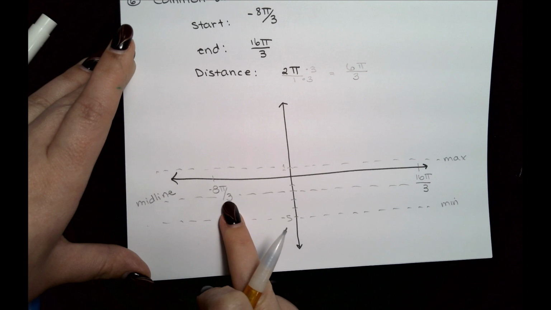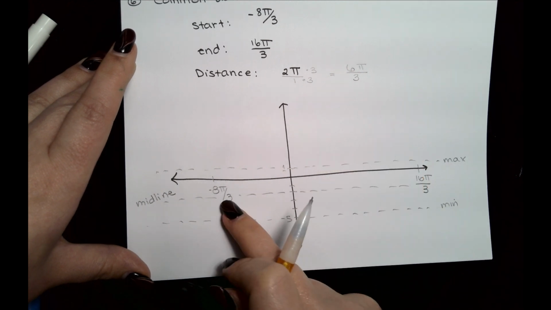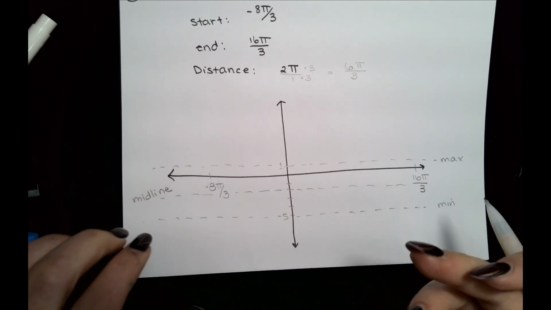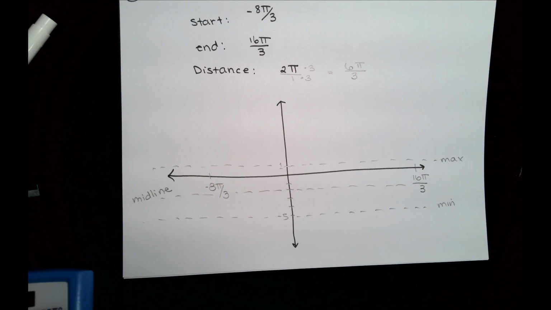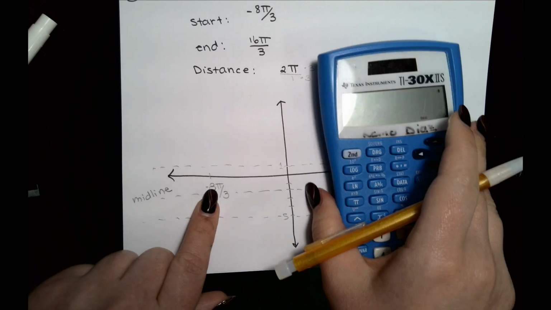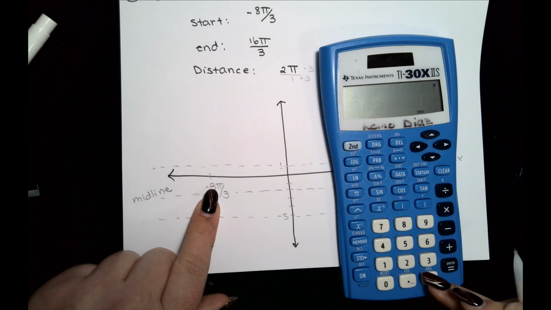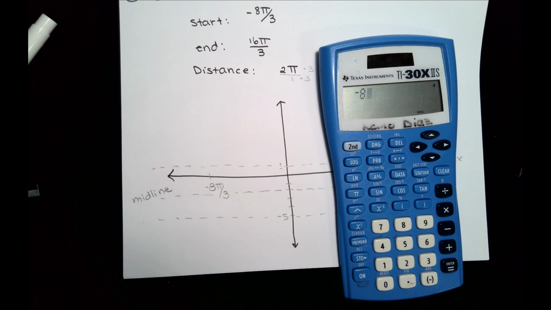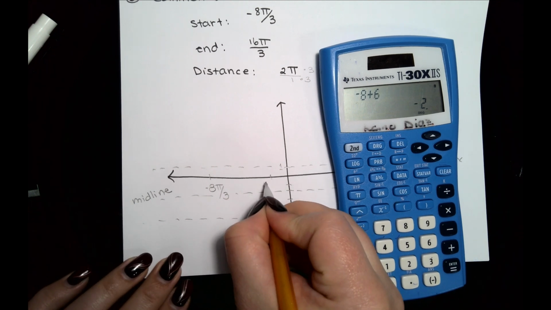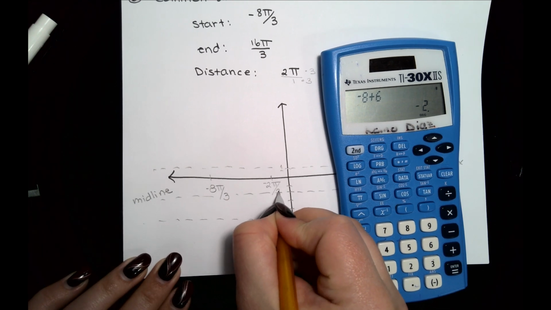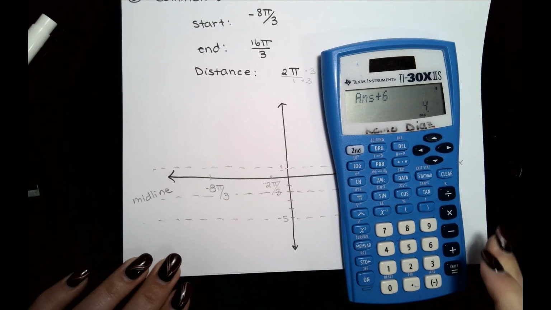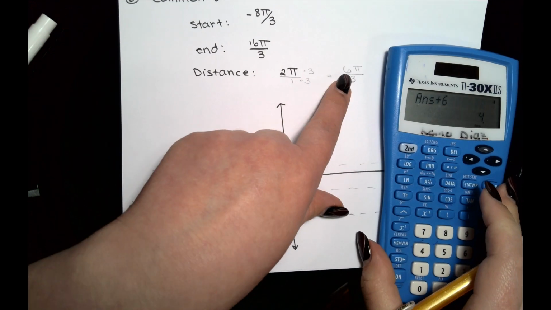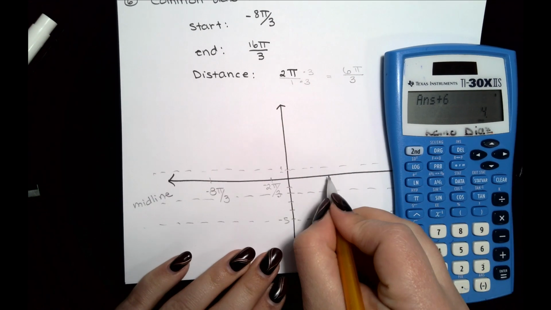And now we're going to use the distance of 6 pi thirds to calculate or add to find our x values. So if you're using a calculator, you got negative 8, only type in negative 8. Since we've created common denominators, denominator stays the same. I'm going to add 6 to it. That means I'm at 2, so negative 2 pi thirds here. I'm going to add another 6 to it. Why am I adding 6? Because 6 was our distance. Now I'm at 4.